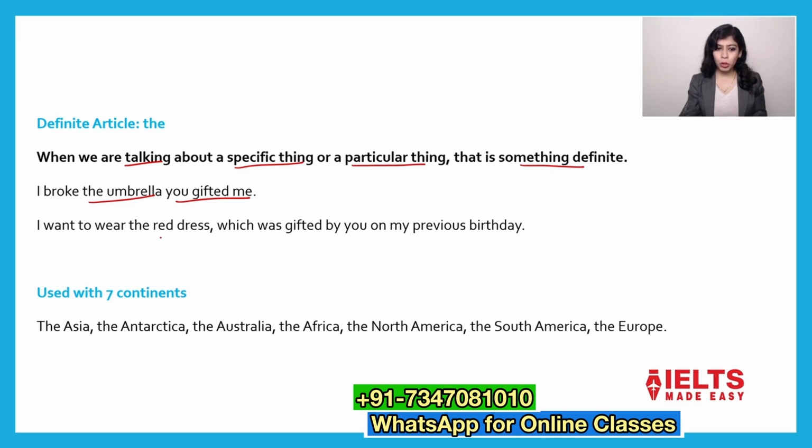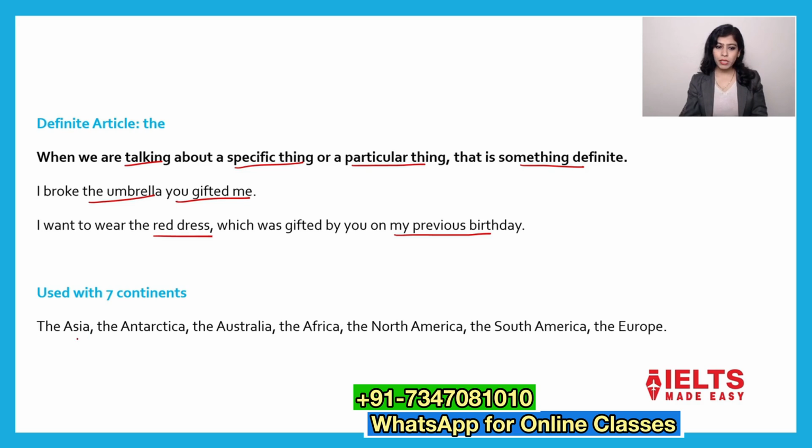I want to wear the red dress which was gifted by you on my previous birthday. I am talking about a particular red dress, a particular umbrella. That's why I have used the. For definite things, for specific things we use the.